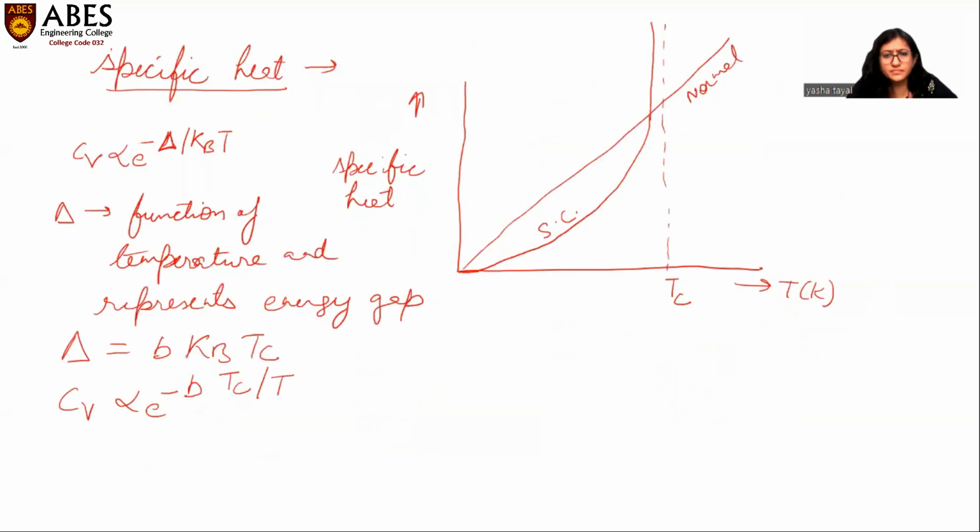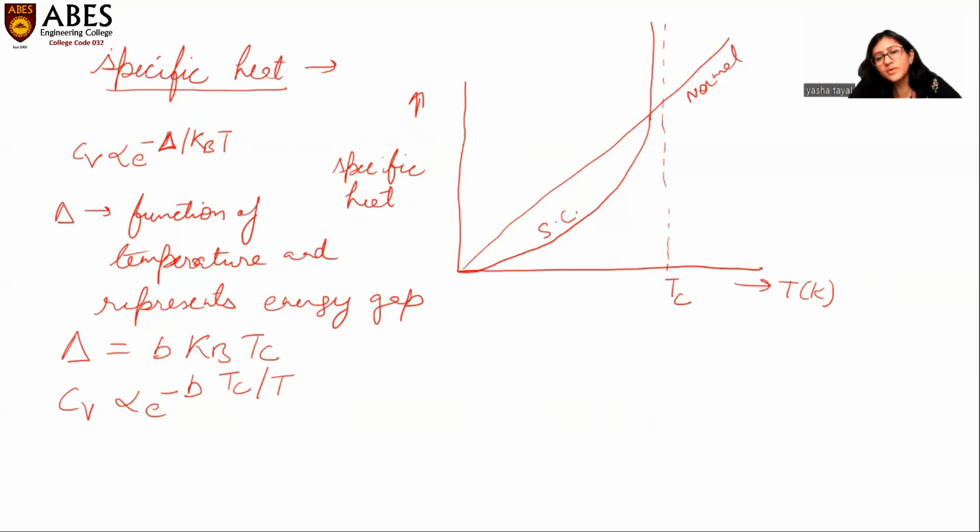Specific heat is again a very important property in this particular system. We studied that it depends upon a function of temperature involving the energy gap. This formula is exponential of minus delta by kBT, where kB is the Boltzmann constant.